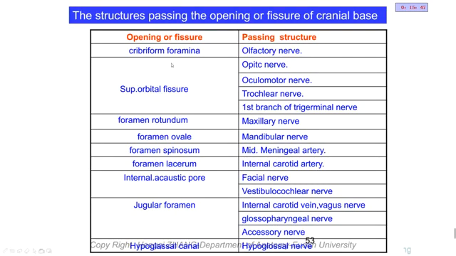Okay, this table shows us all the structures passing through the different openings on the base of the skull. You'd better study them by yourself after the class. You can see all the details. The left side is the name of the opening, and the right side is the structures passing through them.